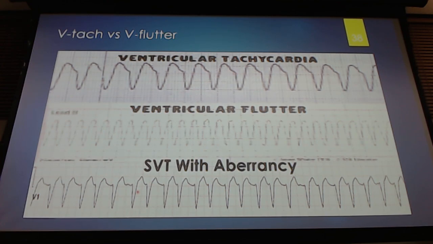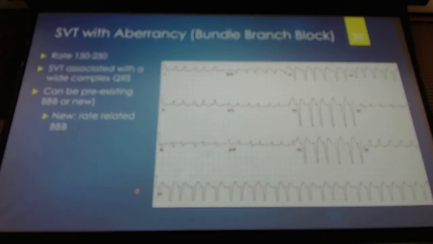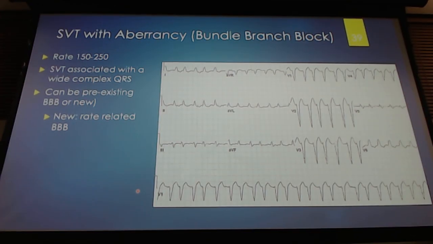Now, when we look at this, here's an SVT with bundle branch block. We have that rate of 150 to 250. Okay, these patients, because it's SVT, may still be in that younger population, but because this is usually associated with a bundle branch block, they're going to be maybe in their 40s, 50s to 60s, because something's causing that bundle branch block to occur.